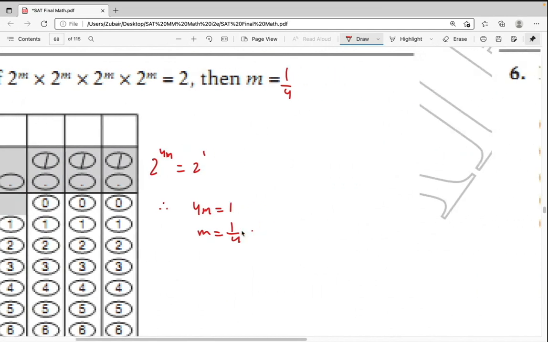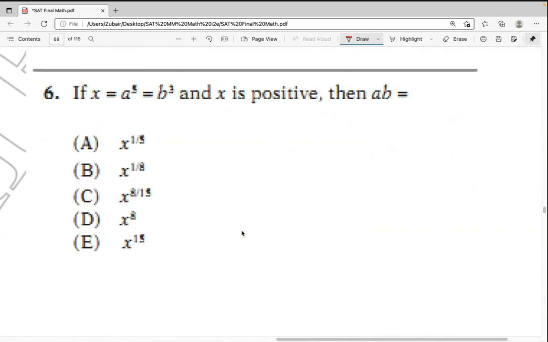Try number 6. Is that blurry? Is it a to the power 5 equals b to the power 3?